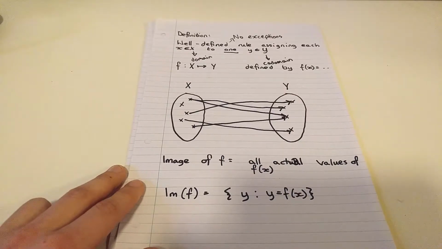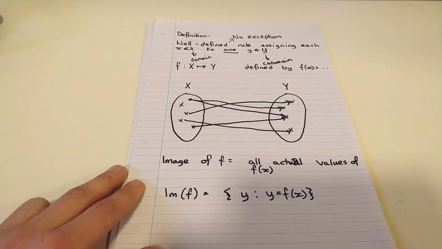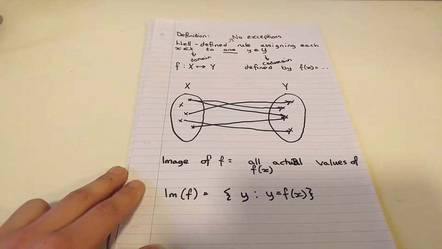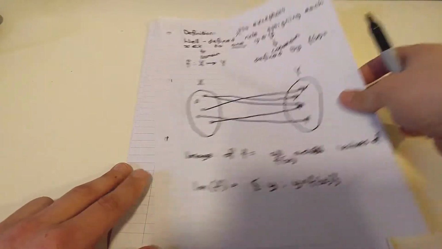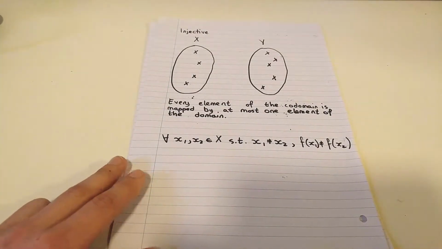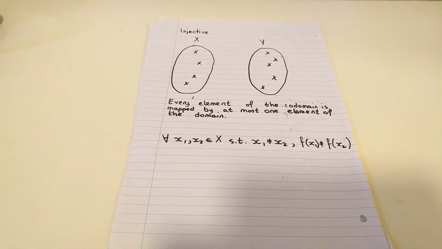The next thing we'll talk about is the different types of functions. There are injective functions, surjective and bijective functions. So we'll start off with injective. In an injective function, every element of the codomain is mapped by at most one element of the domain.